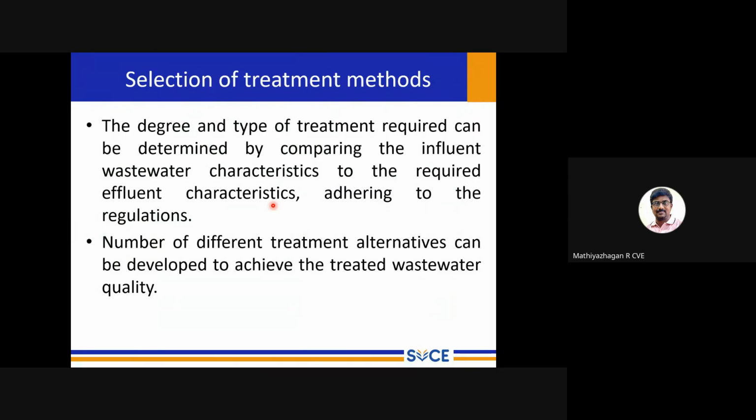The selection of the treatment method mainly depends upon the sewage characteristics as well as the effluent standards, that is disposal standards, and the disposal facility where we are going to dispose of our treated sewage. In this treatment, a lot of developmental activities are going on, and many proven, developed or advanced wastewater treatment techniques are available.